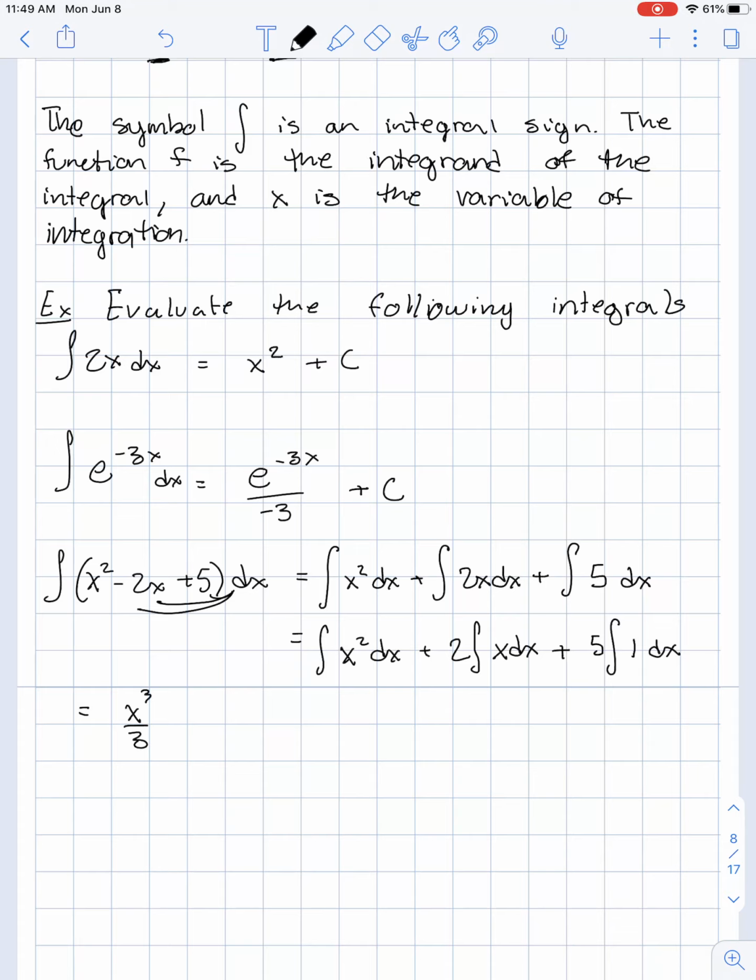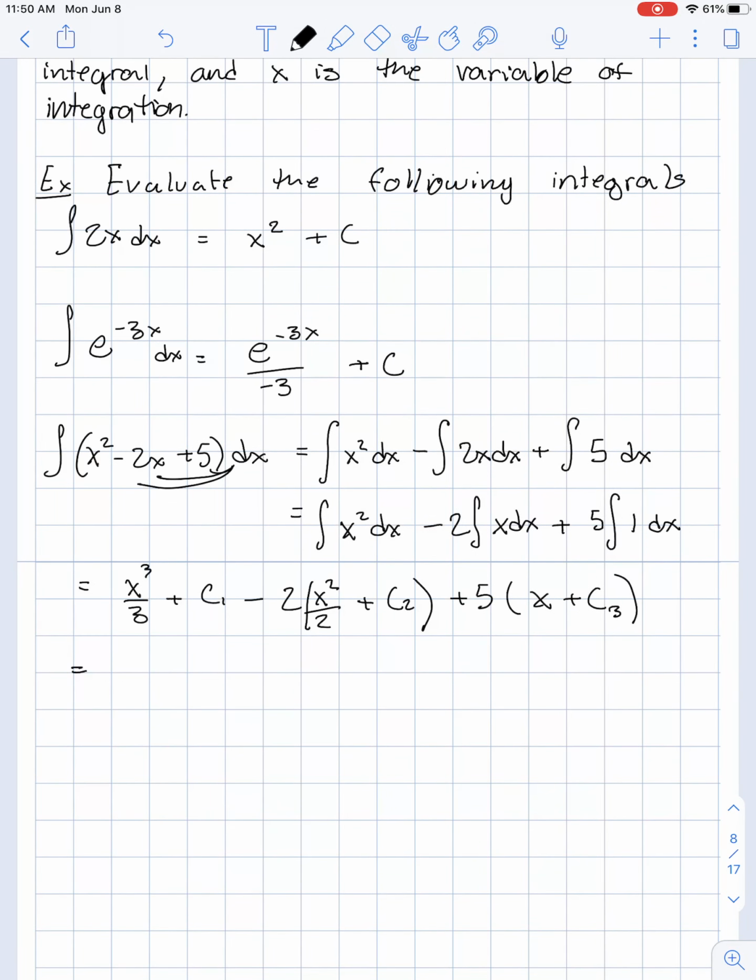X cubed divided by 3 plus c1, plus 2 times x squared divided by 2, minus, plus c2, plus 5x plus c3.